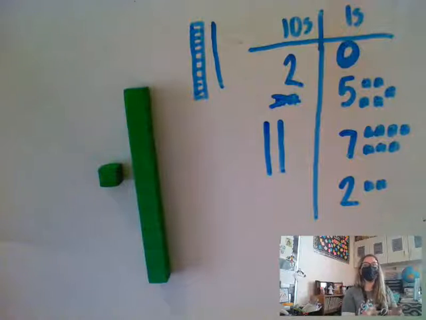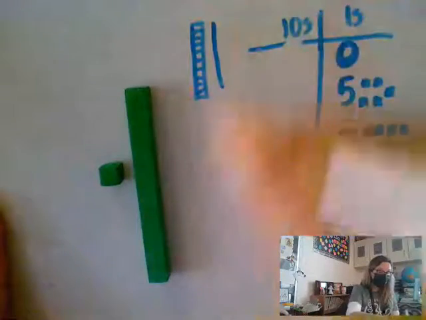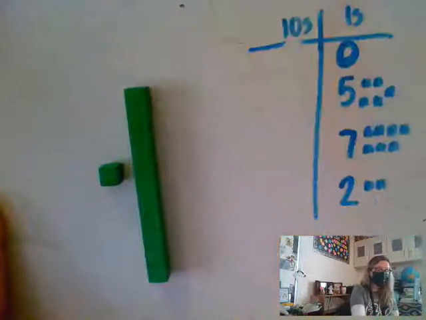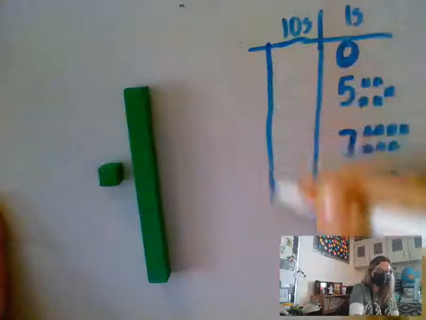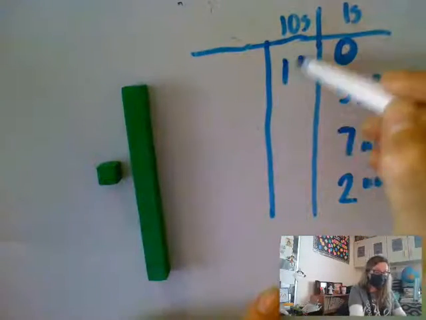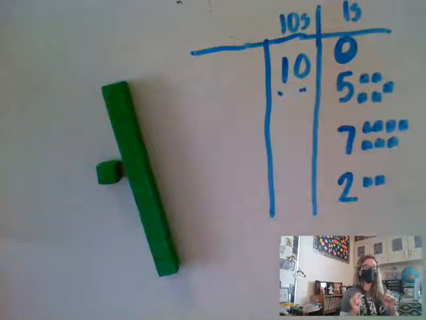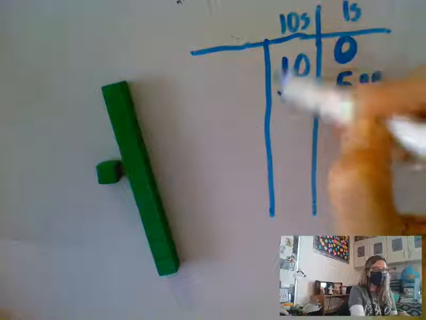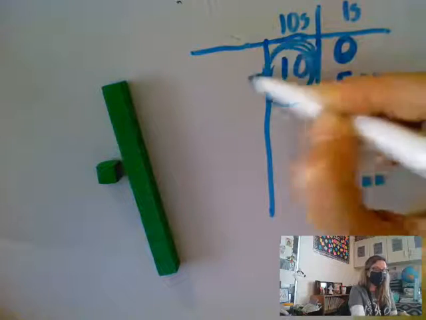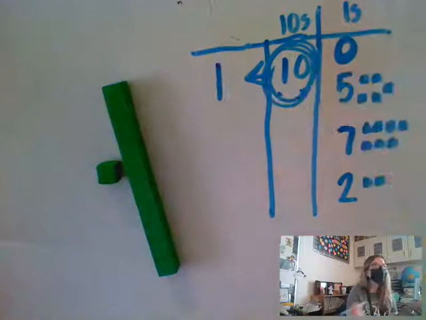Now today we're going to look at what if we get to 10 tens? Well, that's kind of a problem because we know that we can only have 1 digit in each of our columns. And so if I get up to 10 tens, I can't put 10 here because now I have 2 digits in that box. So I have to move those 10 tens over to make a 100.